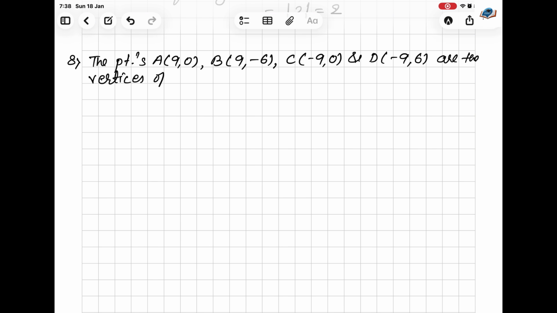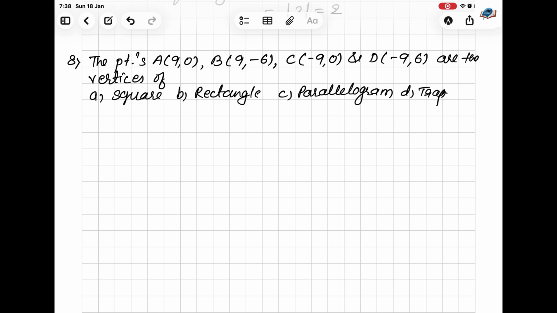Now options given are A square, B rectangle, C parallelogram, and D trapezium. So A point is (9, 0), B is (9, minus 6), C is (minus 9, 0), and D is (minus 9, 6).